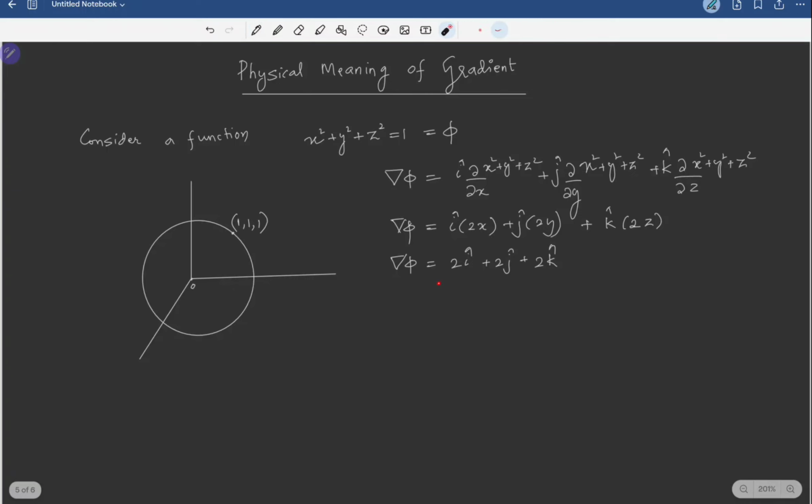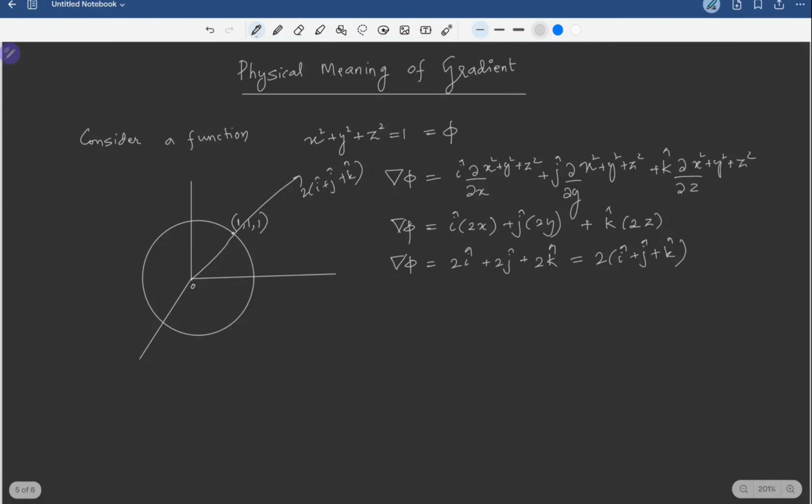Let's look at what this vector actually means. Its magnitude is like this: 2 into i cap plus j cap plus k cap. If we zoom into this part, remember this vector is protruding out of the plane of the screen, so it is in 3 dimensions.